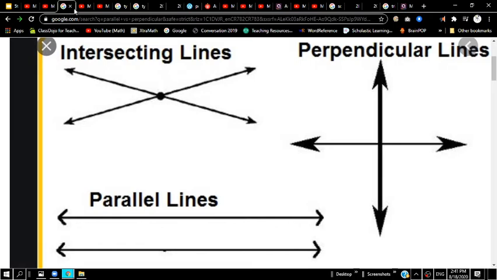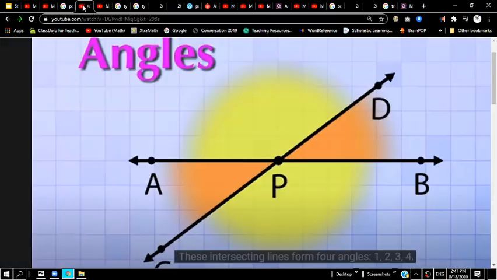Now, when we intersect lines, we can calculate the different measurements of the angles in different ways. It's very important that we also understand that when we're looking at different angle measurements, these angles can be either large angles or small angles. And the larger you get, the larger the quantity is going to be, the degrees, we should say.